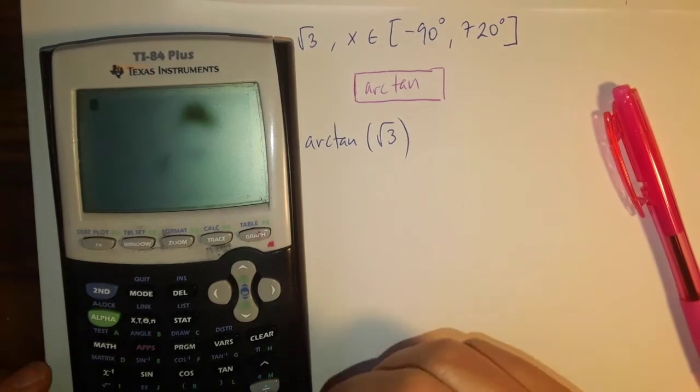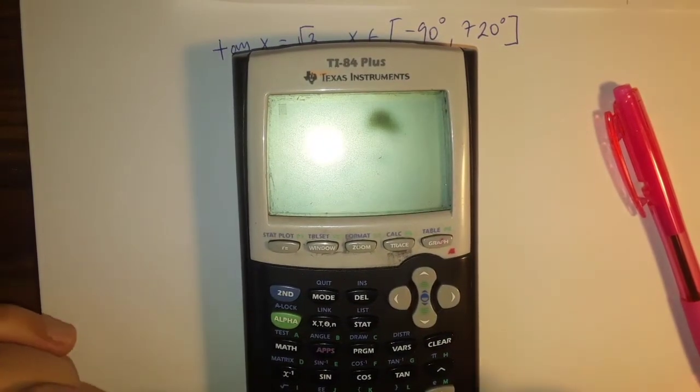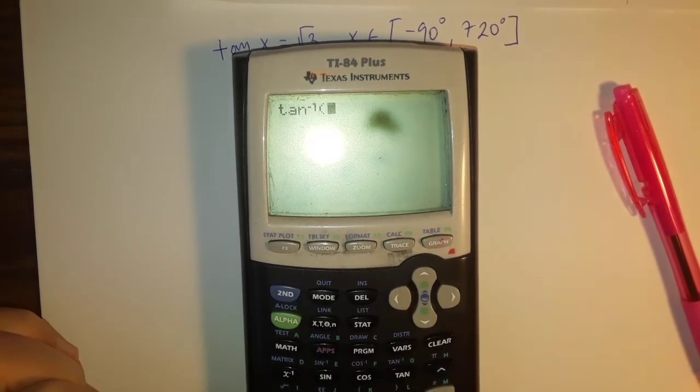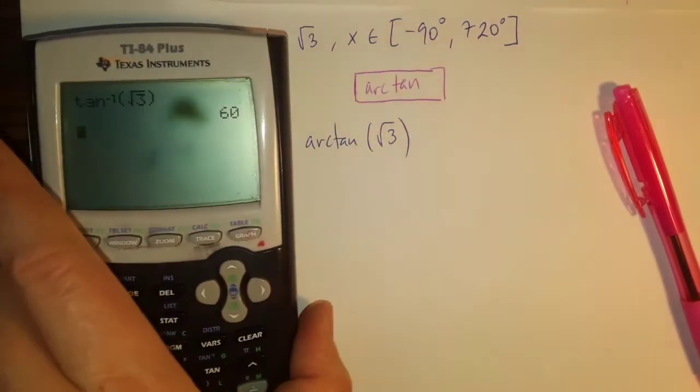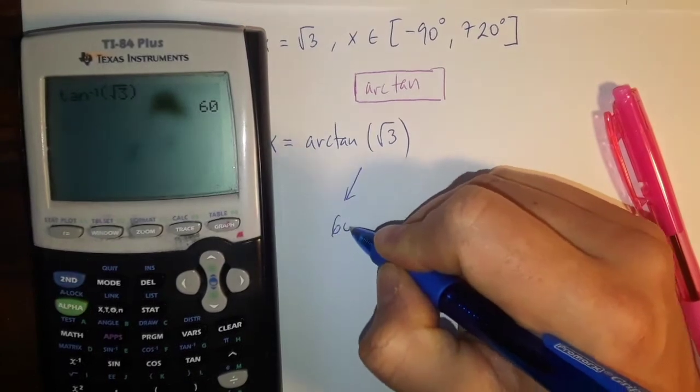Now we're going to do arctangent, second tangent, inverse tangent of square root of 3. And we have the answer: it's 60 degrees. So we have one answer that's going to be 60 degrees.